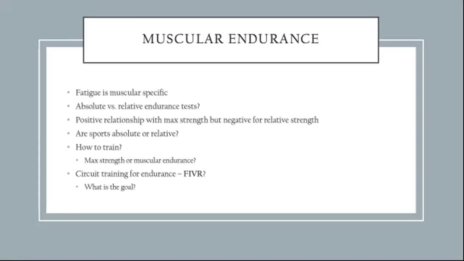Circuit training for endurance. We have the frequency, intensity, volume, and rest. So what is the goal? What is the effective and convenient way to build muscular endurance for trainees where they move quickly from one station to the next, but with very little rest in between each movement?